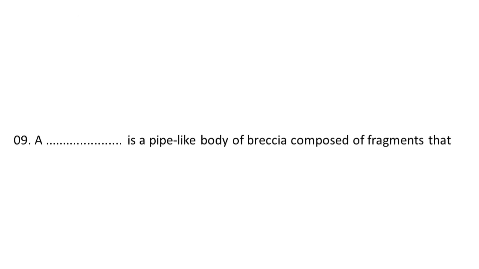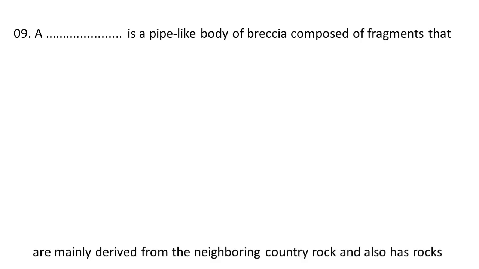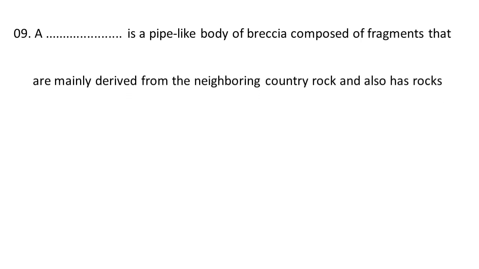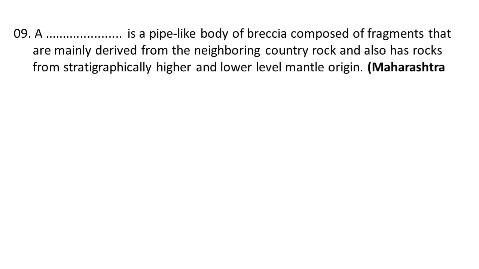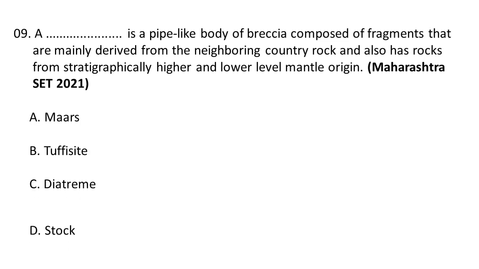Next question. Which one of the following is a pipe-like body of breccia composed of fragments that are mainly derived from the neighboring country rock and also has rocks from stratigraphically higher and lower levels and mantle horizon? The choices given are A. Maar, B. Tuffisite, C. Diatreme, D. Stock. So the correct option is C, diatreme.